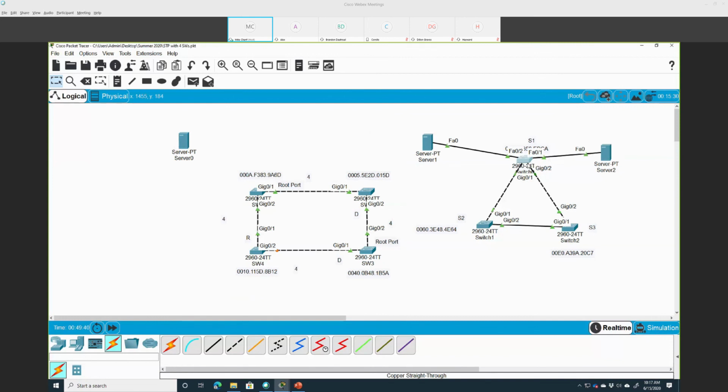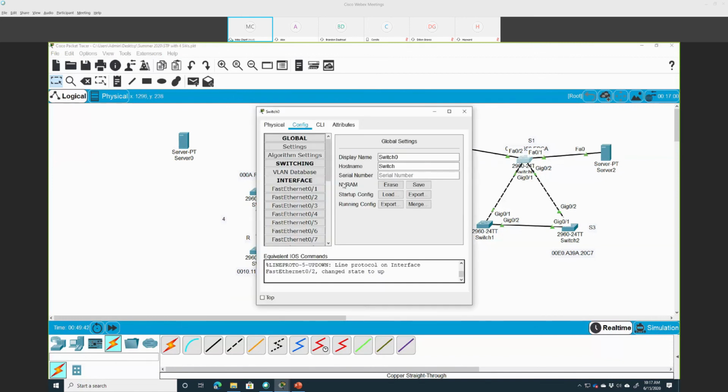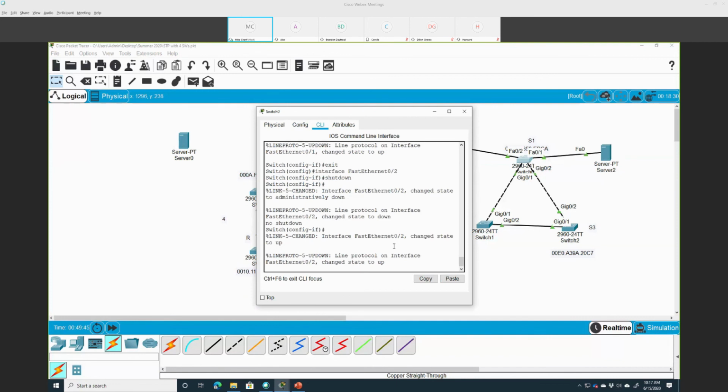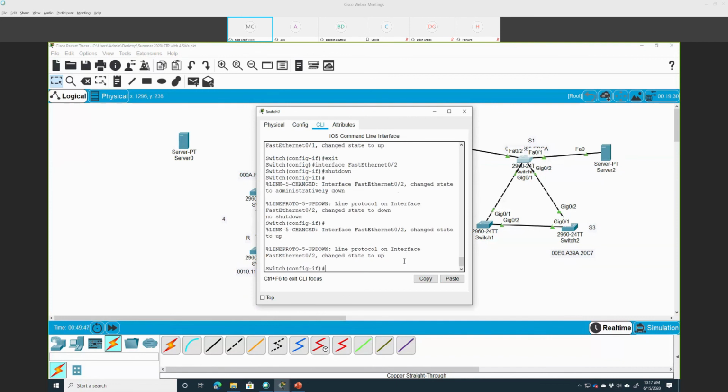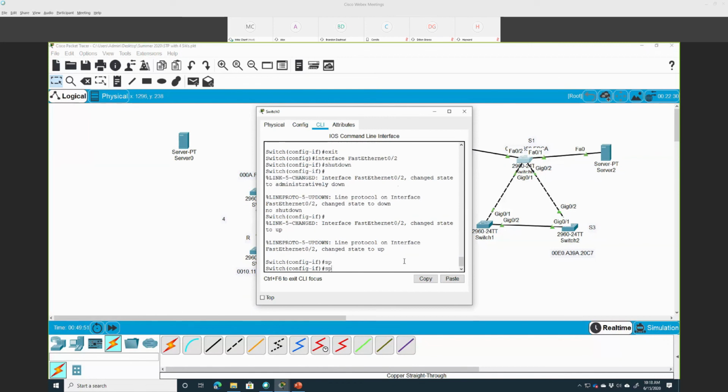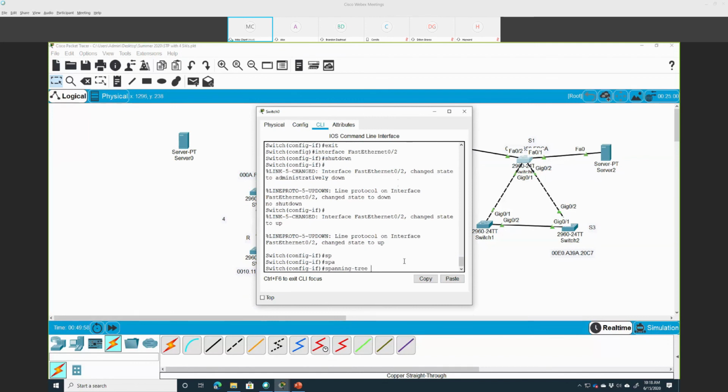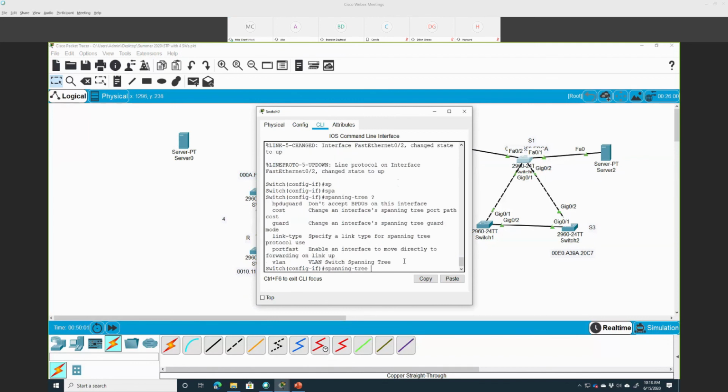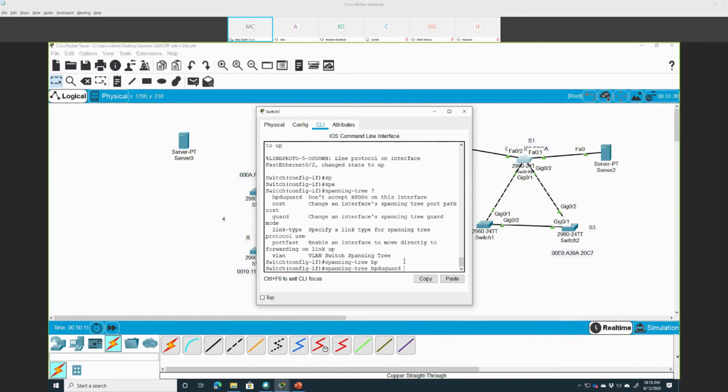Okay, let's see what else we can do right here. What other choices do we have? Spanning tree. Okay, so it's another one. They call it BPDU guard.